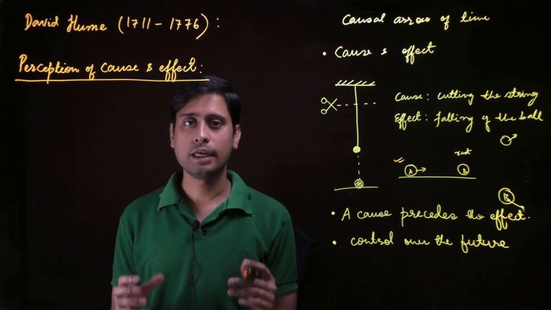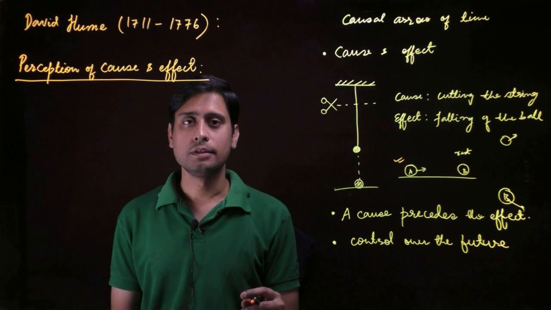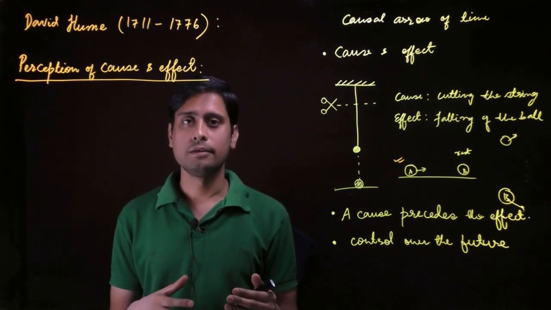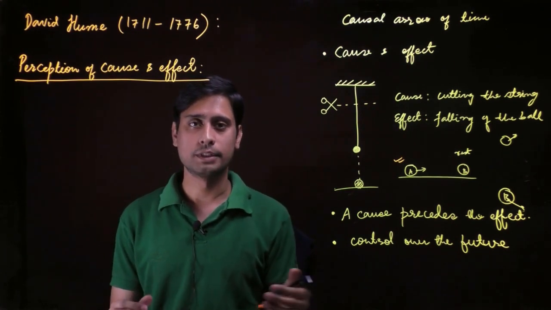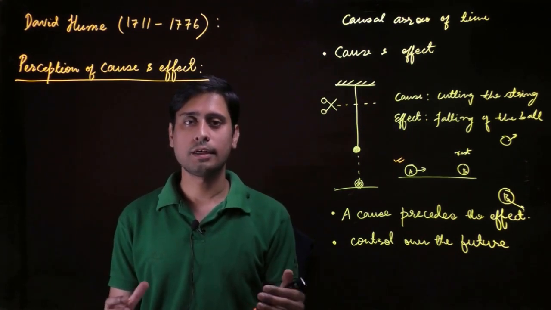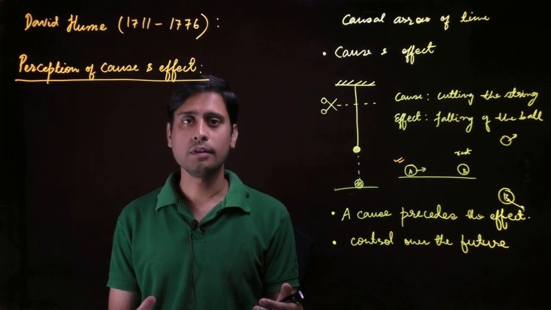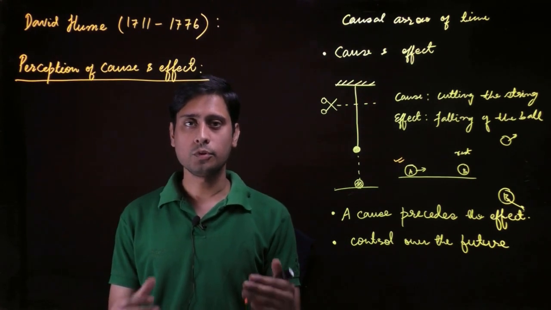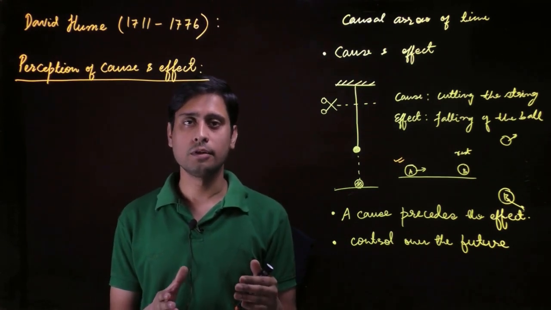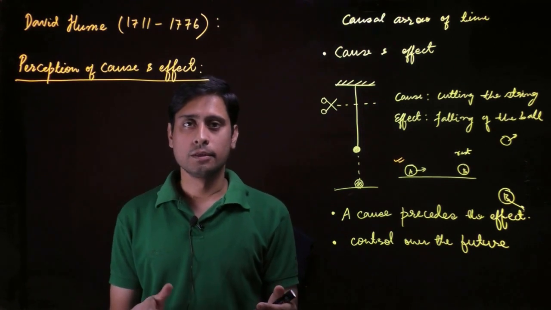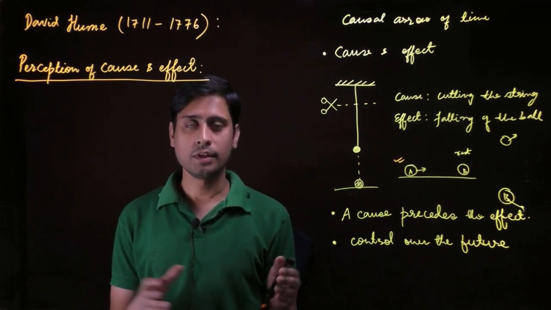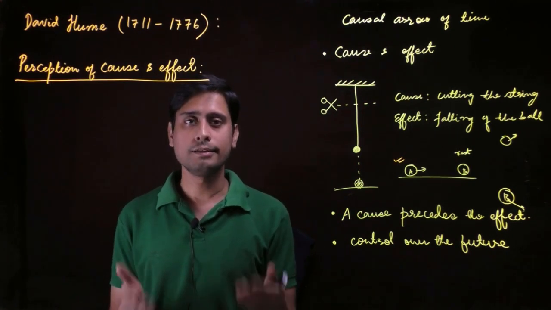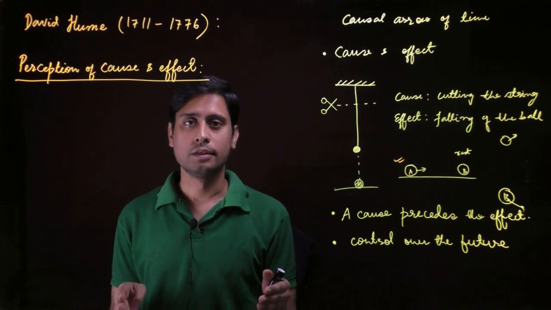So actually there is no connection between these two events, the event of sneezing and the event of the falling of objects. There is no actual connection, but you have developed a mental habit, and due to that habit you expect something to happen. You will find a reason between the events, the causality.